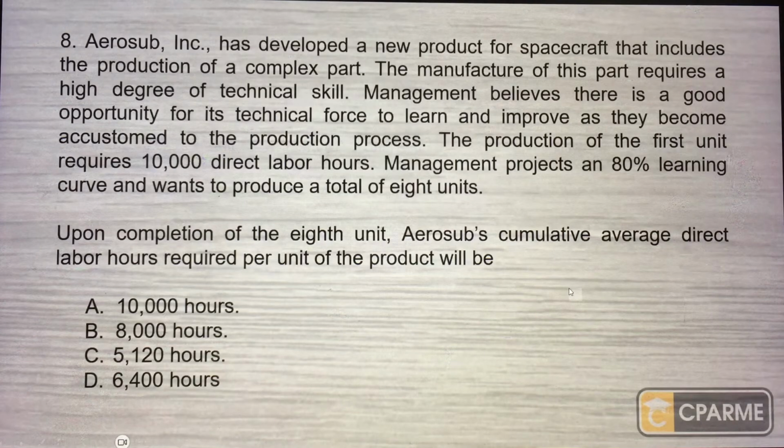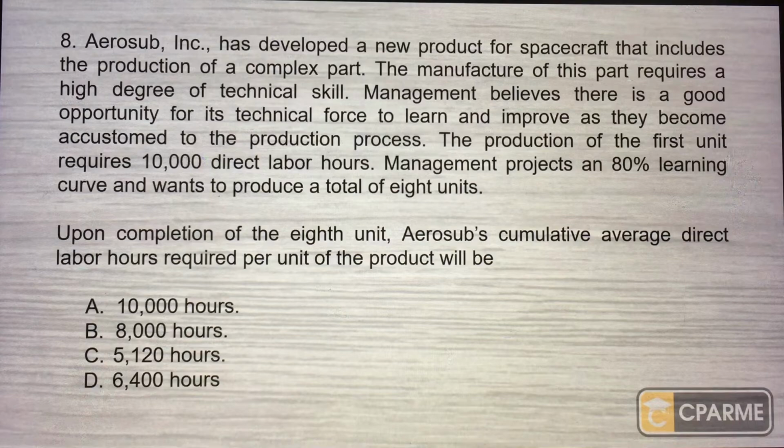Next. Upon completion of the 8th unit, AeroSub's cumulative average direct labor hours required per unit of the product will be. Upon completion of the 8th unit, what will be the average direct labor hours per unit? This is easy. AeroSub Incorporated has developed a new product for spacecraft that includes the production of a complex part. The manufacture of this part requires a high degree of technical skill.